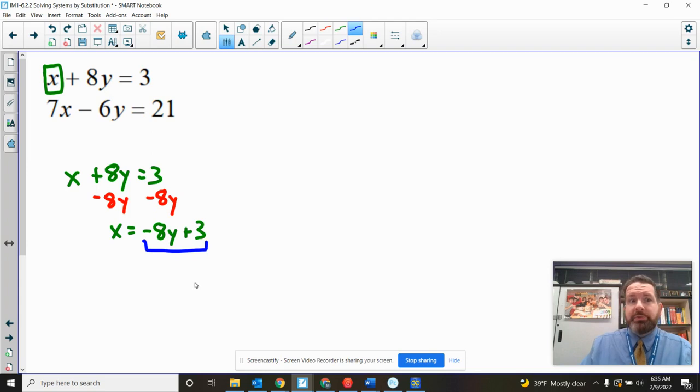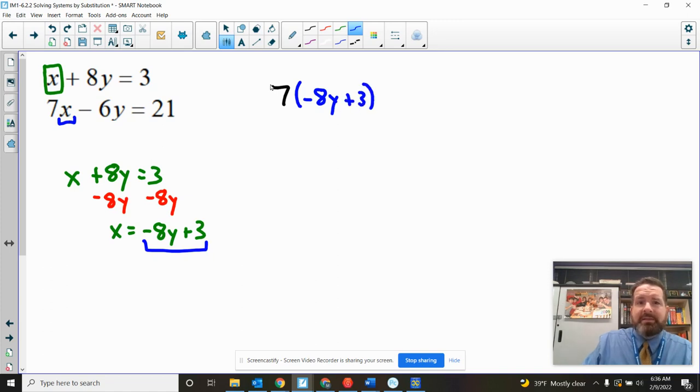So when we now go to this other equation, and by other I mean the second one down here, what we're going to do is, where I see the letter x, I'm going to replace it with its equivalent other name, its equivalent expression. X is the same thing as negative 8y plus 3.